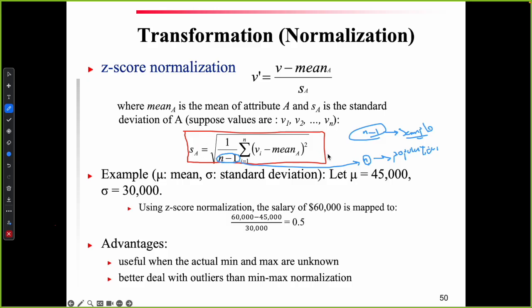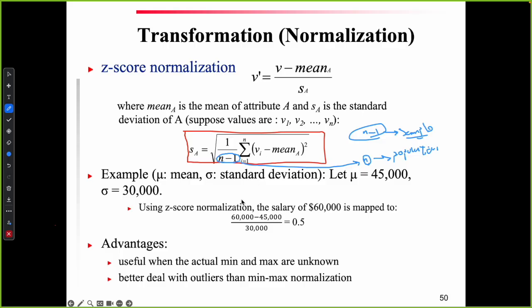So this is the formula to calculate the standard deviation. After you calculate your standard deviation, or the distance from the mean, your v prime is calculated by v minus mean divided by the standard deviation. So you have to know the mean and the standard deviation for this formula.